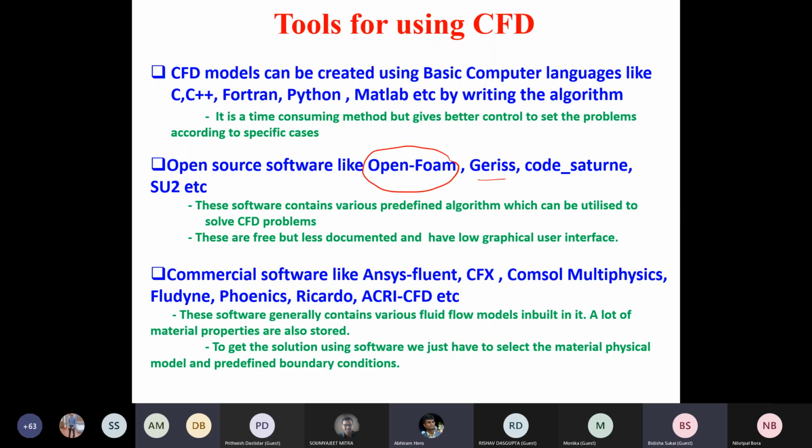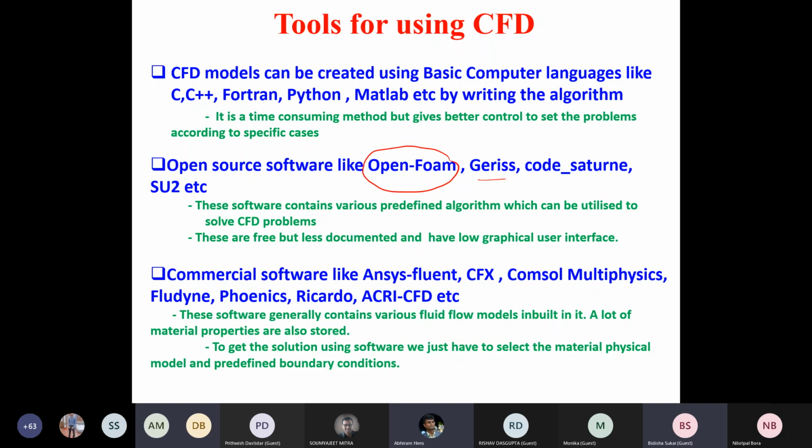These softwares generally contain various fluid flow models built in. A lot of material properties are also stored here. To get the solution using software, we just have to select the material, physical model, and predefined boundary conditions. Some boundary conditions are also defined here. You need to select those properties, and this generally comes with a nice interface, so you just click things and it will work.